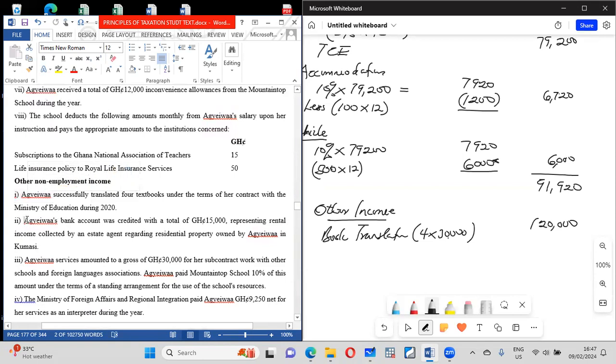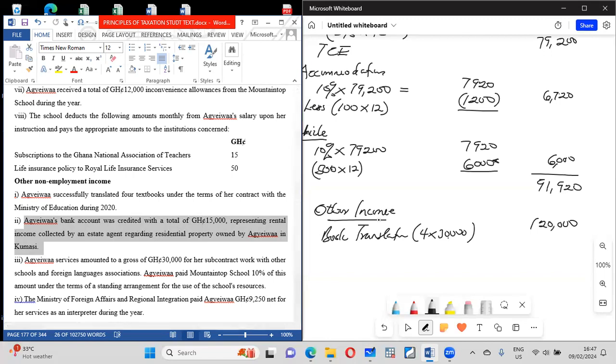It says that she also has rent income. This is an investment income, not an income from her employment. So we will check on that for a while, because on this money she will pay a withholding tax, the rental income.